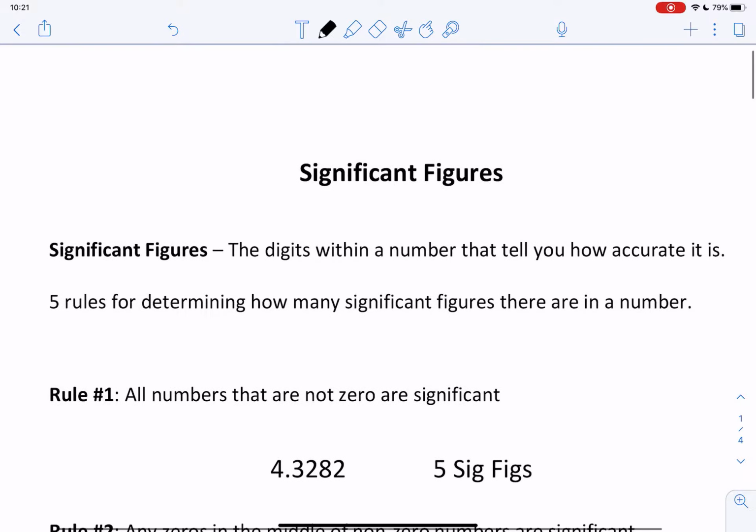So if the decimal is present, say we have a number like this, we start on the Pacific side, right? Because the Pacific Ocean is on the left side of the United States, with the first non-zero and count to the end. So we are counting this way, right? So we start 1, 2, 3 significant figures.